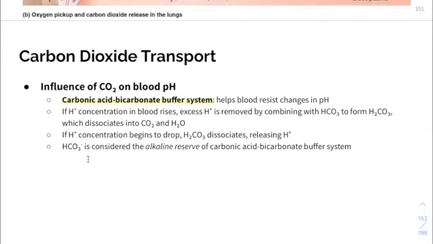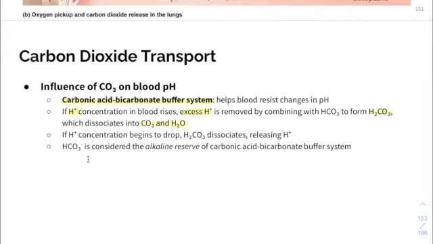So if we get too much hydrogen, hydrogen refers to pH. So if we have too much hydrogen, we're going to make carbonic acid, which will make carbon dioxide and water.